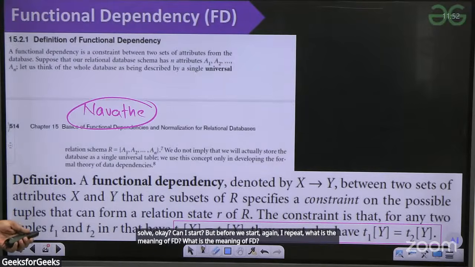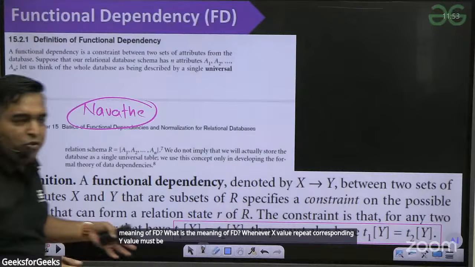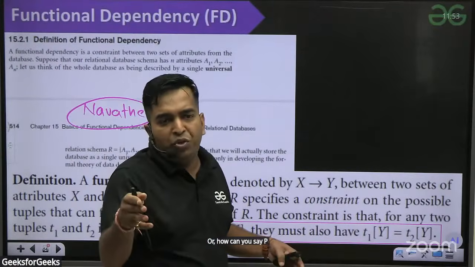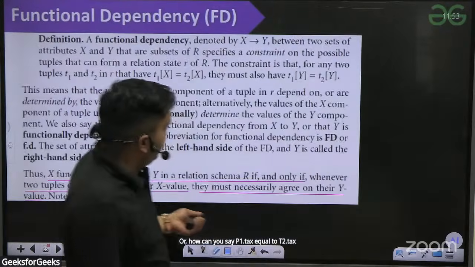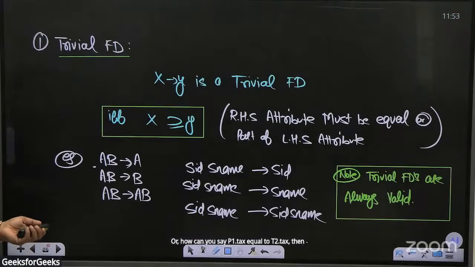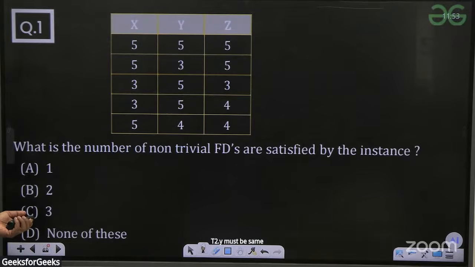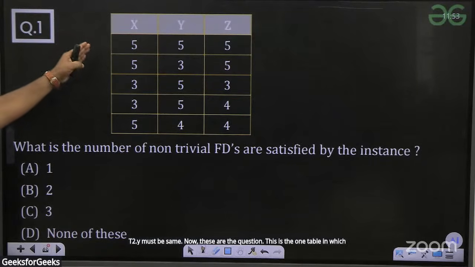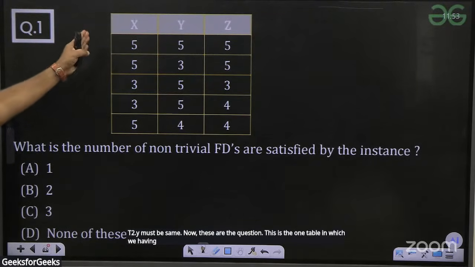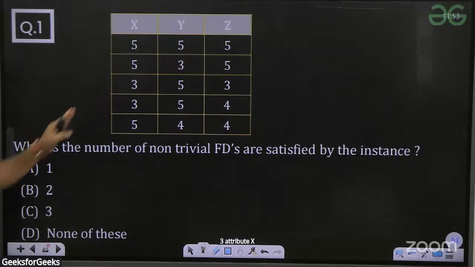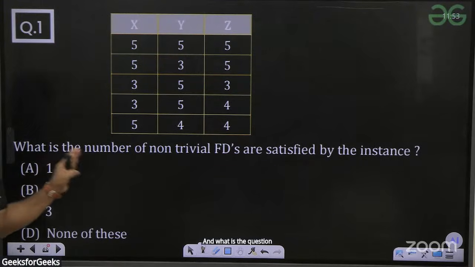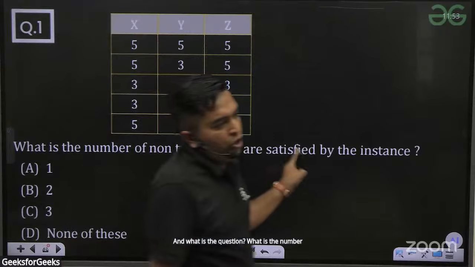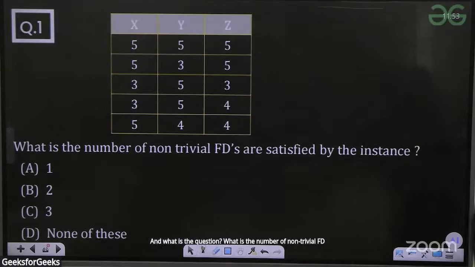Whenever X value repeats, the corresponding Y value must be same, or T1.X equals T2.X, then T2.Y must be same. This is one table in which we have 3 attributes. What is the question? What is the number of non-trivial FDs satisfied by the instance?